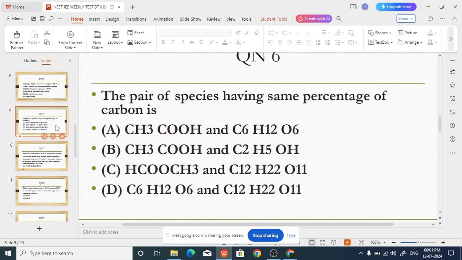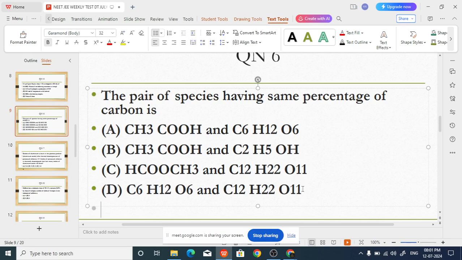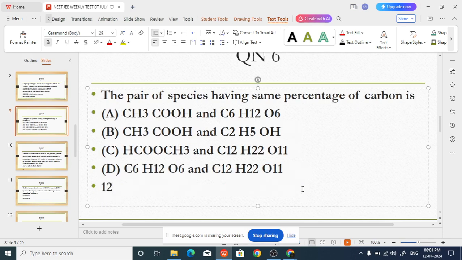Calculate that. C is 12, H is 1 and O is 16. Calculate for the first one. CH3COOH, what is the molar mass? Please calculate that. See, C is 12 plus H is 1 into 3, 3, plus again 12 plus 16 plus 16 plus 1.